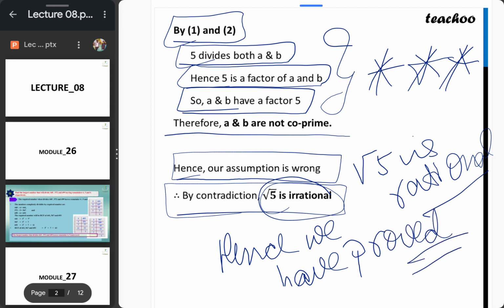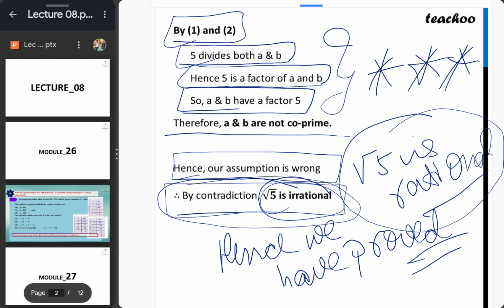So we can conclude that we assumed root 5 is rational, but in the end we proved that root 5 is irrational. This is the end of the problem.